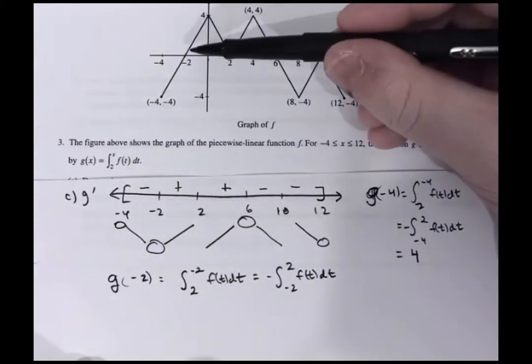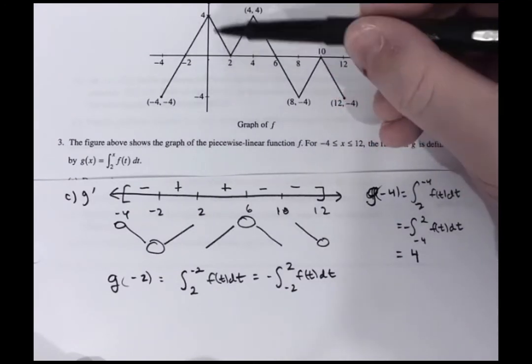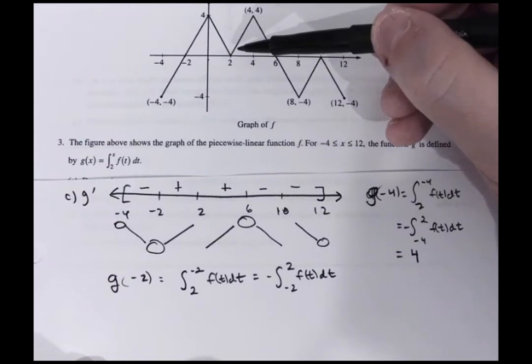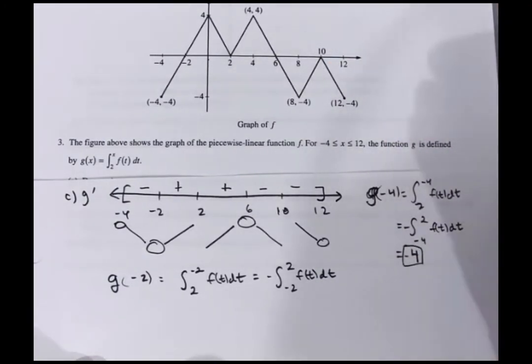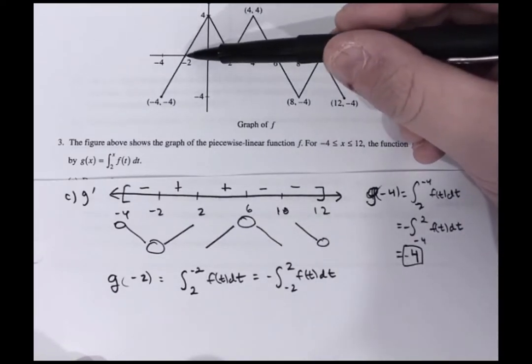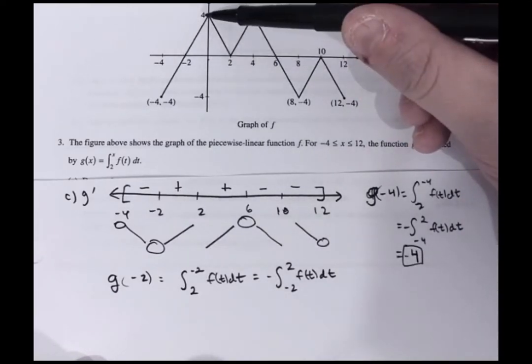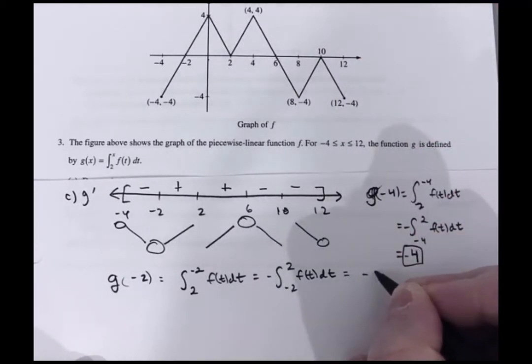And looking at the graph, from negative 2 to 2, this is now area that is all above the axis. All above, I forgot to put a negative sign in front of that one, sorry. It's all above the axis, and so the area would be 4 by 4, which is 16, divided by 2 is 8, which would be negative 8.